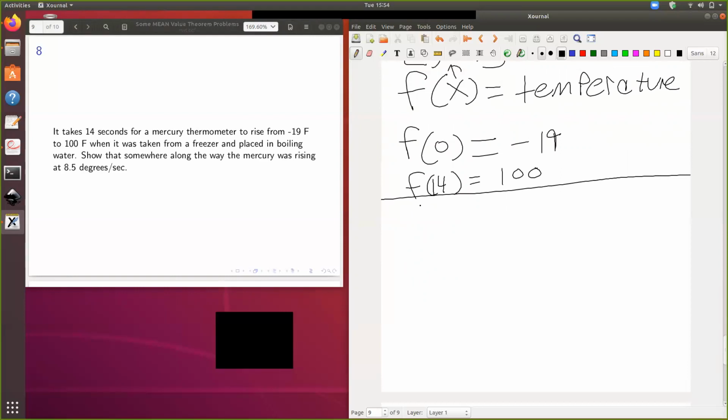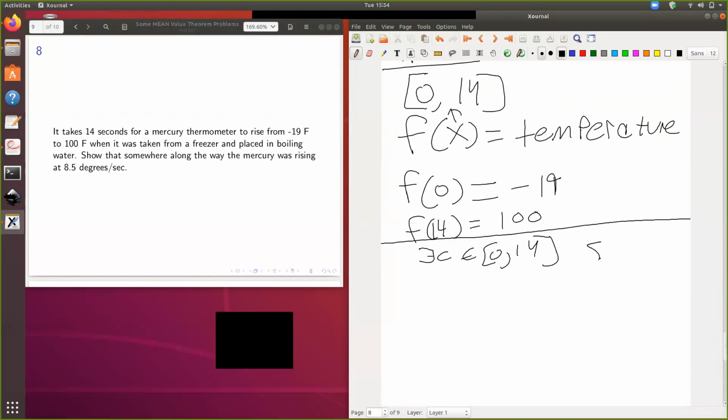We know that there exists a c in 0 to 14 by the mean value theorem such that f prime of c is equal to f of b, which is this value right here. This is our b, this is our a. f prime of c equals f of b, which is 100, minus -19.